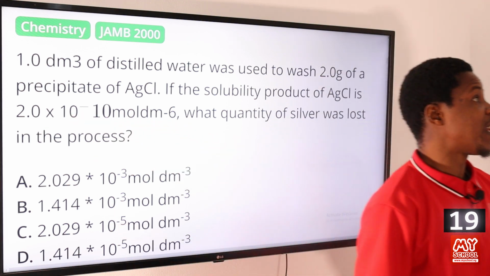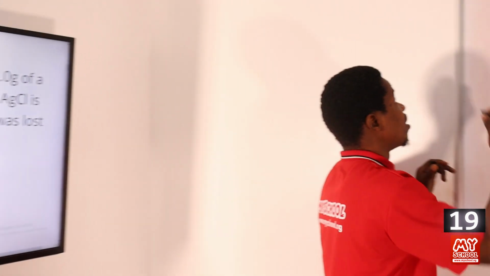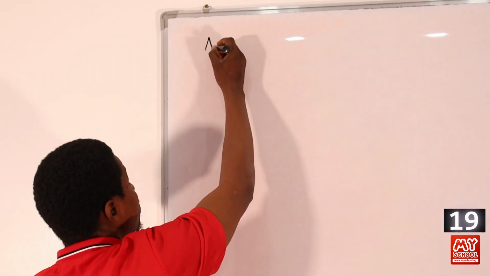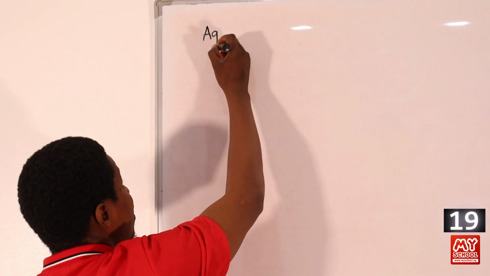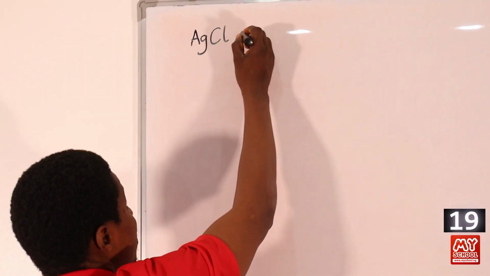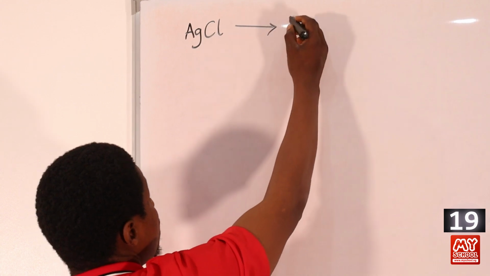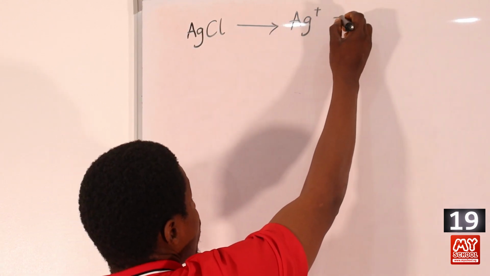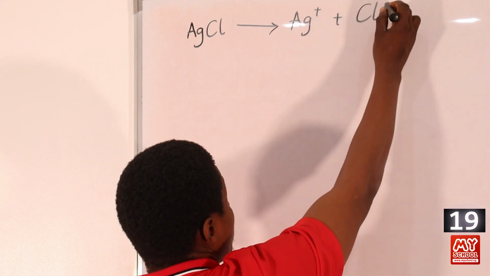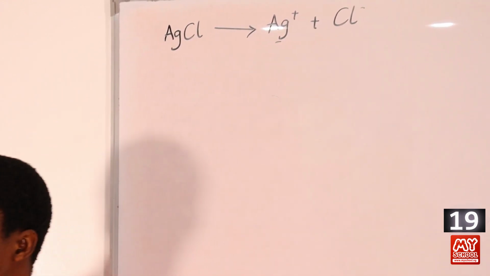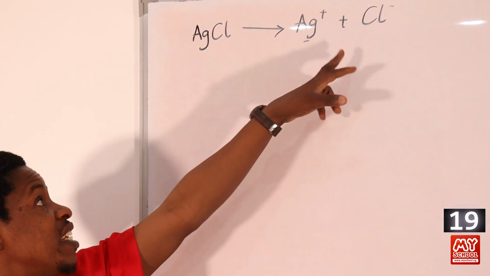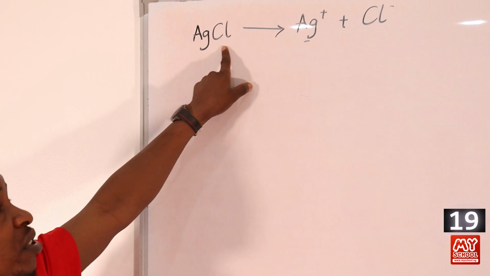So let's move to the board and see what we have. Solubility product of that, so which means we have silver chloride. If we dissociate that, we are going to have silver ion plus chloride ion. So what we have to find is the quantity of silver that was lost in the process. You cannot find that without dissociating first.